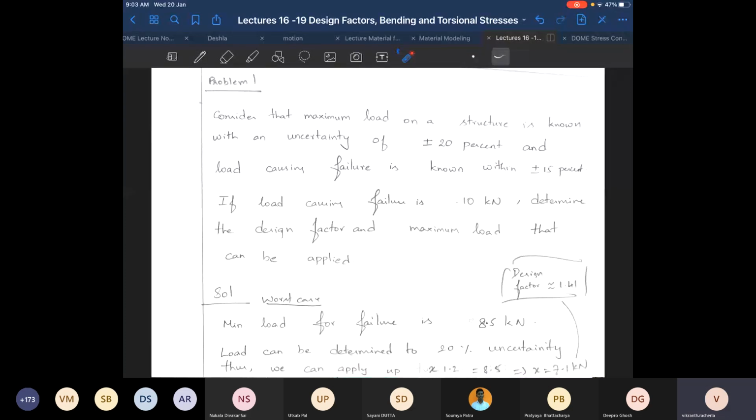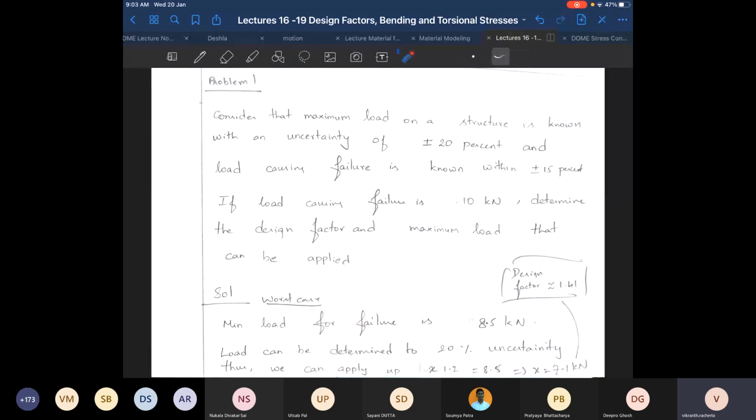And the load causing the failure is known to within 15%. What does it mean? Let us say someone said that this structure fails at 15 ton force. They are using some measuring instruments and saying that at 15 ton load this structure is failing.